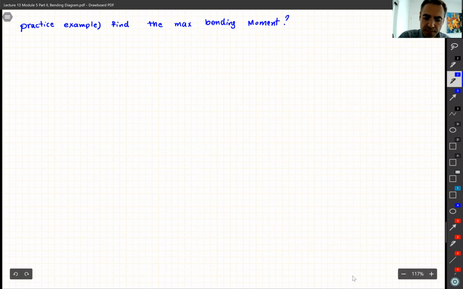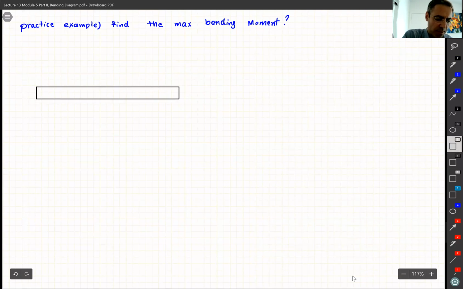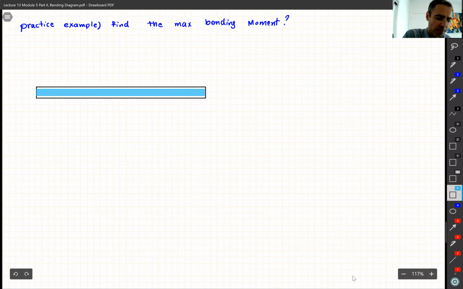Similar to the previous example that you saw, this is the beam. I will put the solution there later, but please, before checking my solution, try to solve it yourself and then compare it with my solution. When I put the notes for you, I'm gonna put it with the solution.